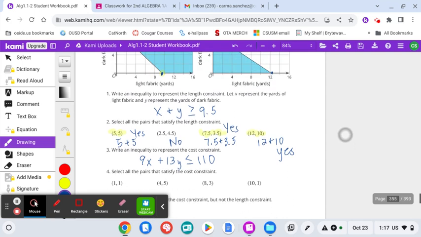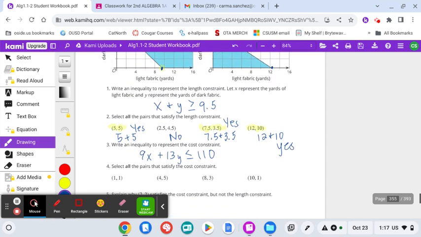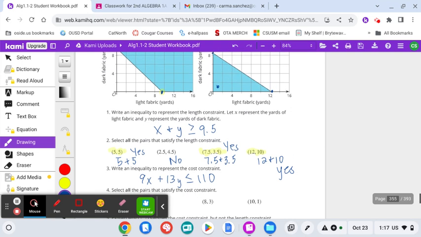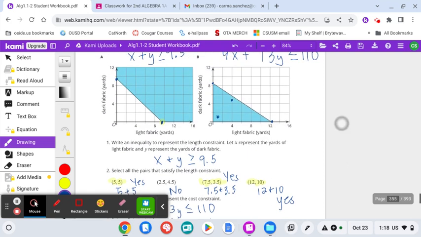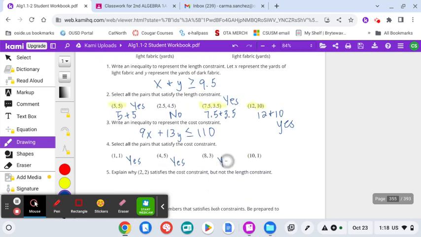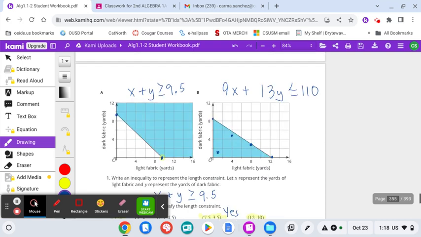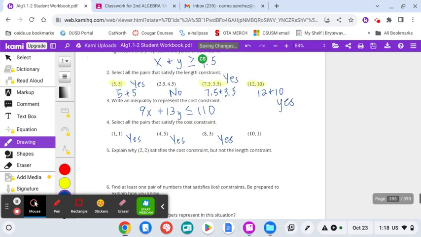Now, for this one, if I look up here at the picture, 1, 1, definitely in the shaded region. 4, 5, definitely in the shaded region. 8, 3, right on the solid line of the shaded region. And 10, 1 in the shaded region.